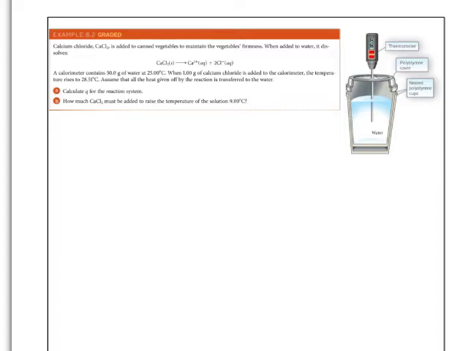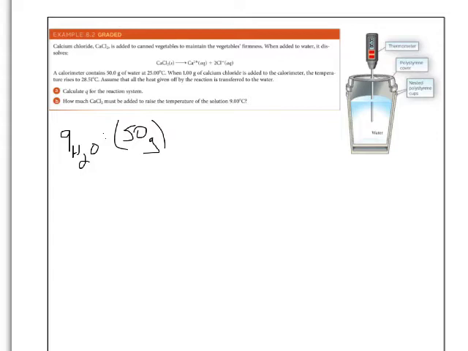Okay, so we have our basic equation, which says that Q, and in this case I'm going to do Q water, so we're going to figure out what happens to the heat in terms of water. The mass of the water is 50 grams, and the temperature change of the water is, well, actually let me do this first.